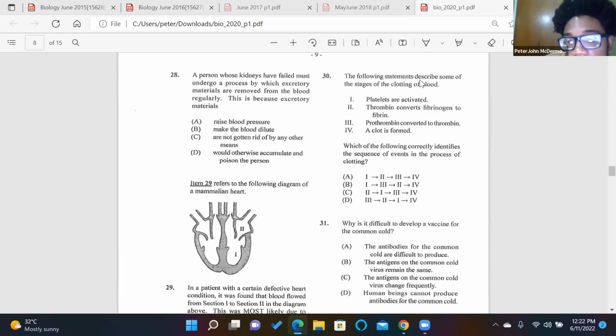The following statements describe some of the stages of the clotting of blood. Which of the following correctly identifies the sequence of events in the process of clotting? All right, yeah. So what's the answer?